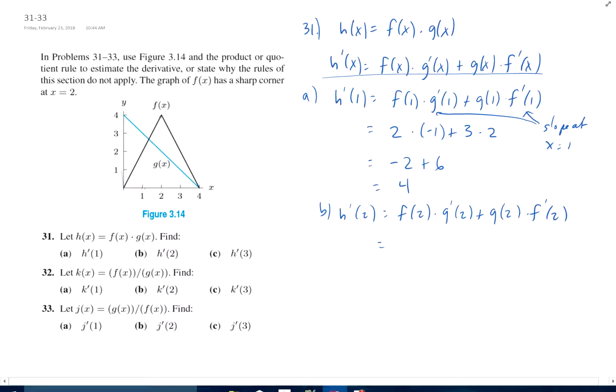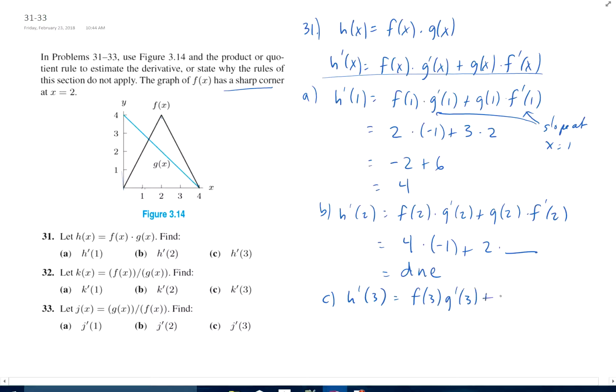F of 2 is 4 times g prime of 2, negative 1 still, plus g of 2 is 2, f prime at 2. The graph has a sharp corner there, so the derivative does not exist there, and therefore h prime of 2 does not exist.